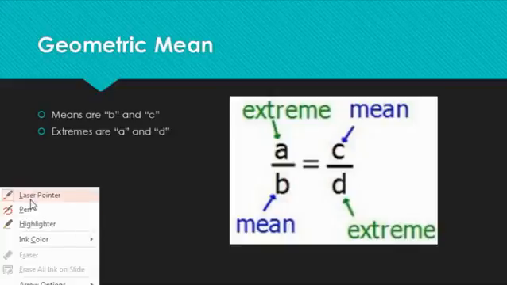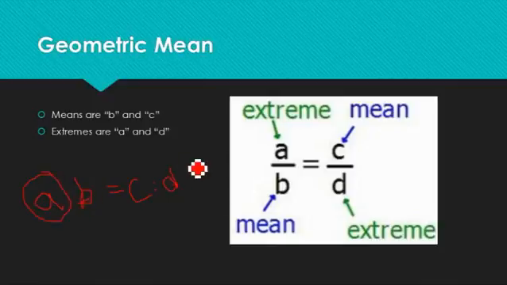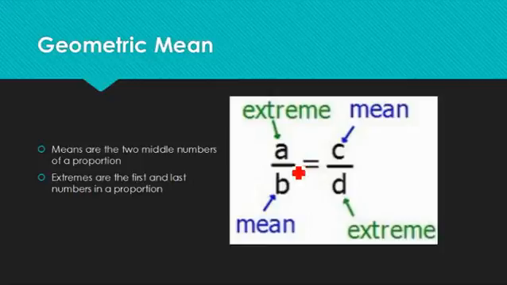If we were to write out the proportion, we would have A to B is equal to C to D. So the two outside portions are called the extremes. The two insides are called the means. So again, in this case, A and D are the extremes. They are the first and last numbers in the proportion, and the two middle numbers are B and C.